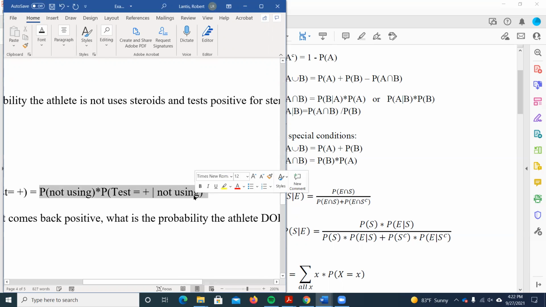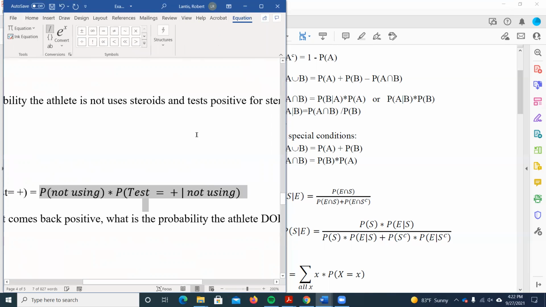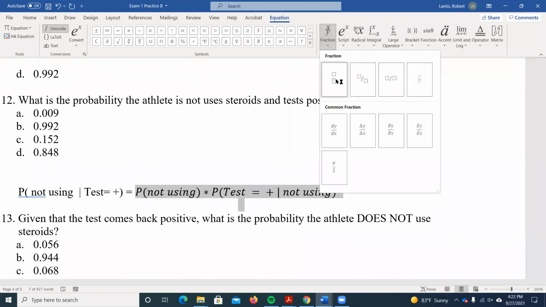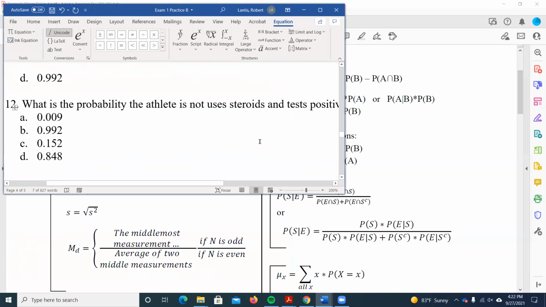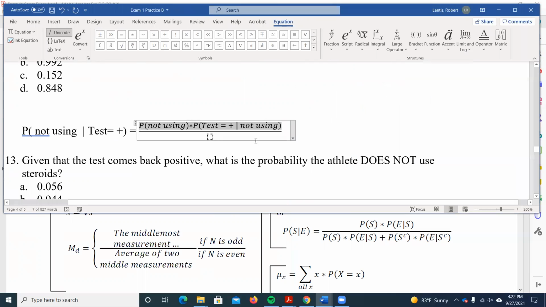That's my numerator here. So let me get fancy. Oh, where's my equation? There we go. Maybe I put this above here so it's a little bit easier to see.